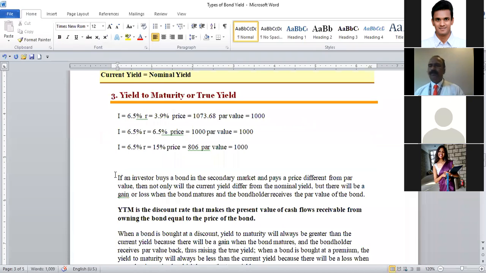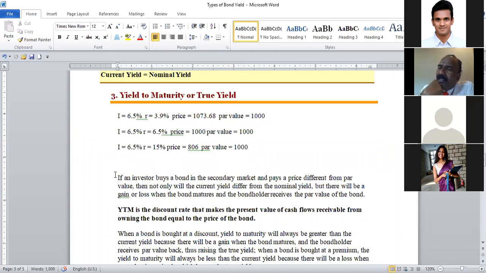Now, the first case: I is equal to 6.5, yield is equal to 3.9, and the price is 1073. The par value is 1000.